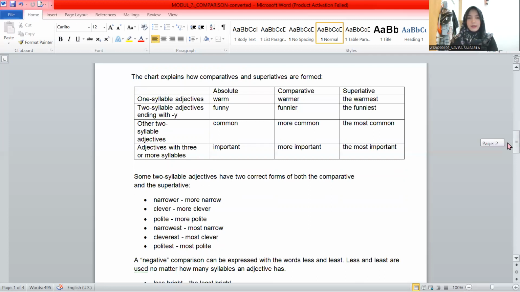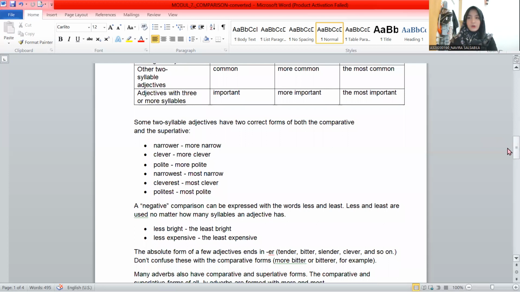Third, polite and more polite. Fourth, narrowest and most narrow. Fifth, cleverest and most clever. And the last, politest and most polite.